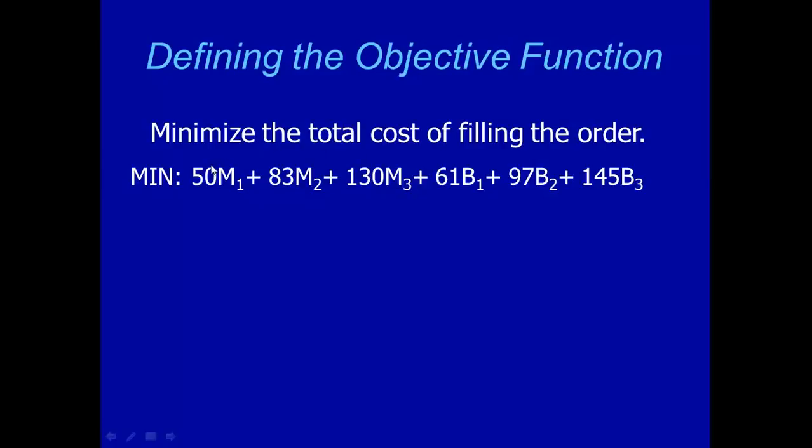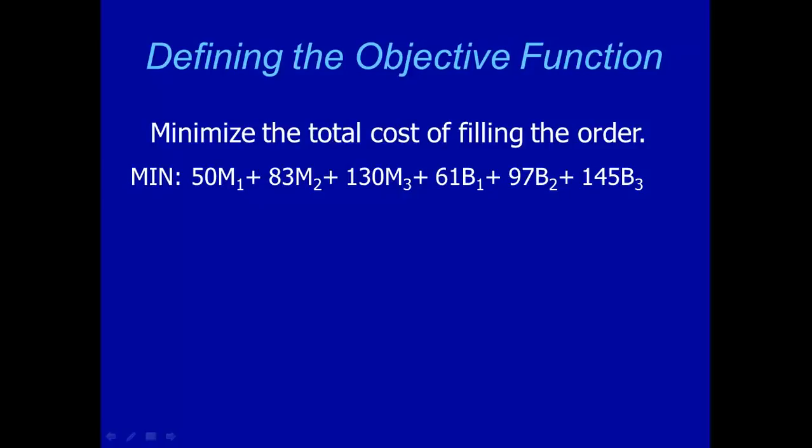That's the total cost for us to make the rings in-house. And then plus 61B1 plus 97B2 and plus 145B3. That's the total cost we buy each of those 3 rings from a subcontractor.